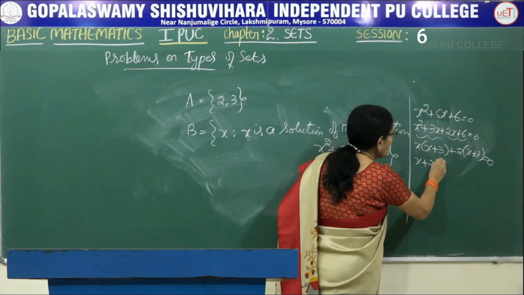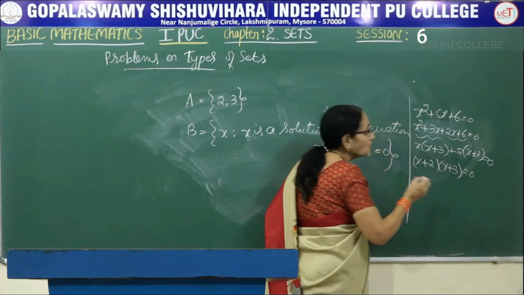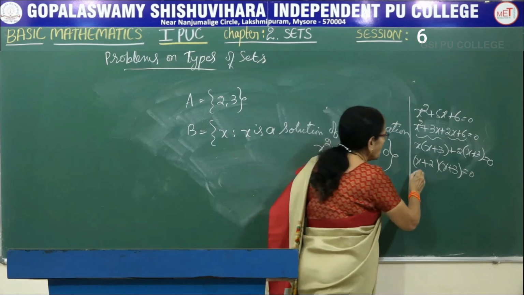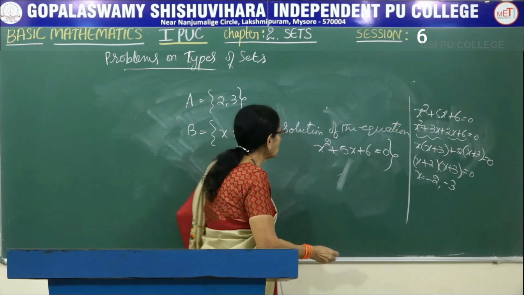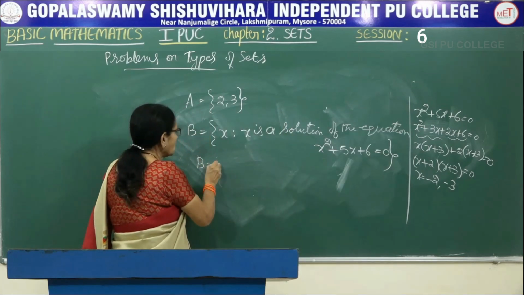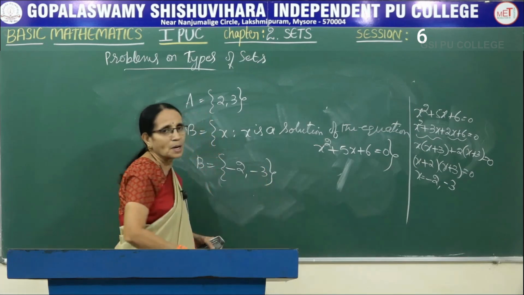That is x plus 2 into x plus 3. What I am doing actually is factorizing. I am not using the formula. That means that x is equal to minus 2 and x is equal to minus 3. Therefore, the set B contains the elements minus 2 and minus 3.